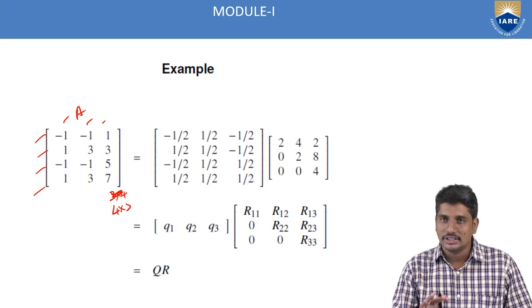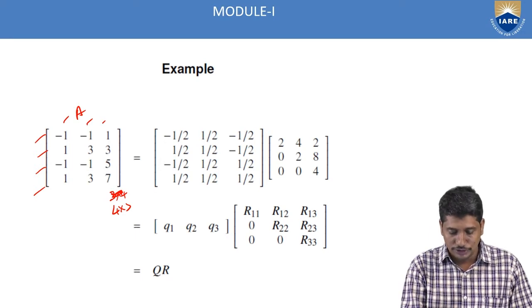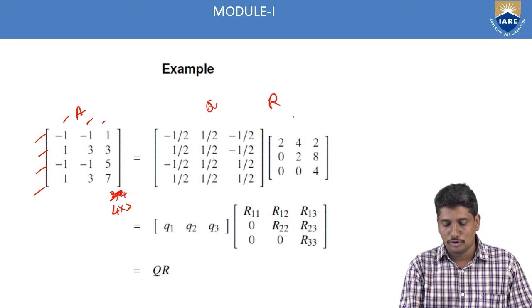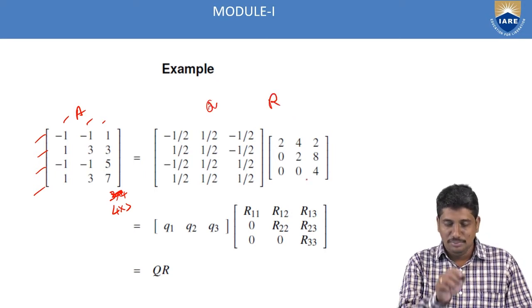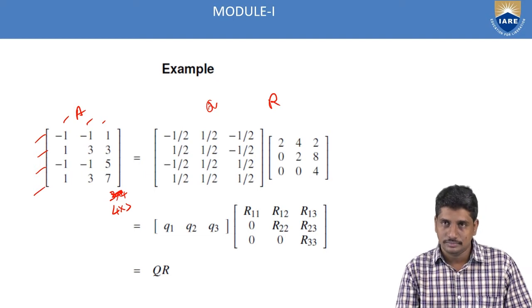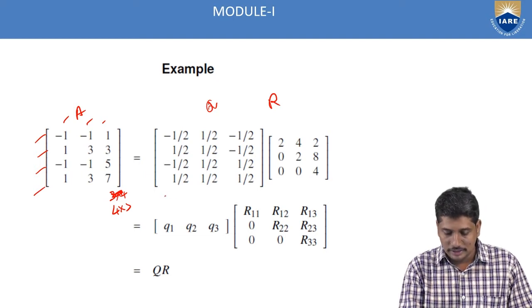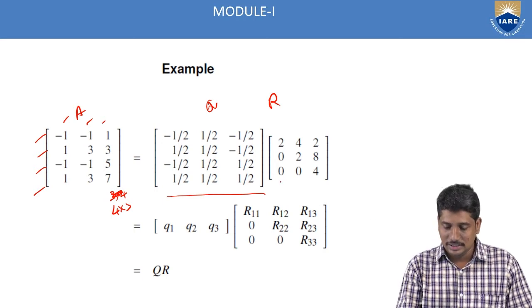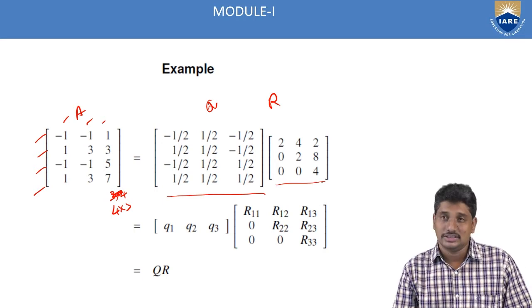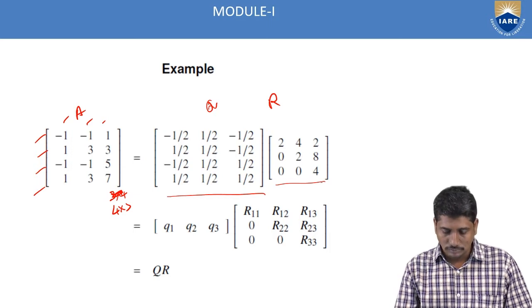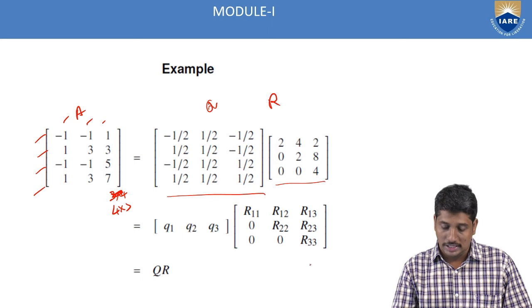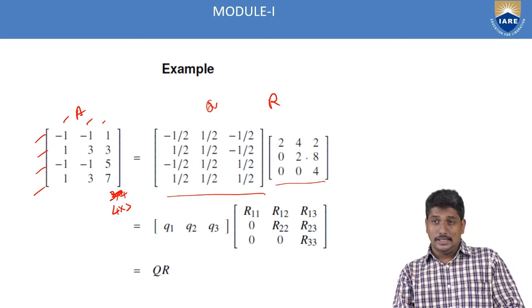Now, I'm just giving it as an example. After decomposing it into a product of two matrices, Q and R, you can check that the product of these two matrices will be exactly equal to A. The first matrix we obtained is given like this, and the second matrix is given like this. Let us verify whether the first matrix is orthogonal and orthonormal, and the second matrix is upper triangular.